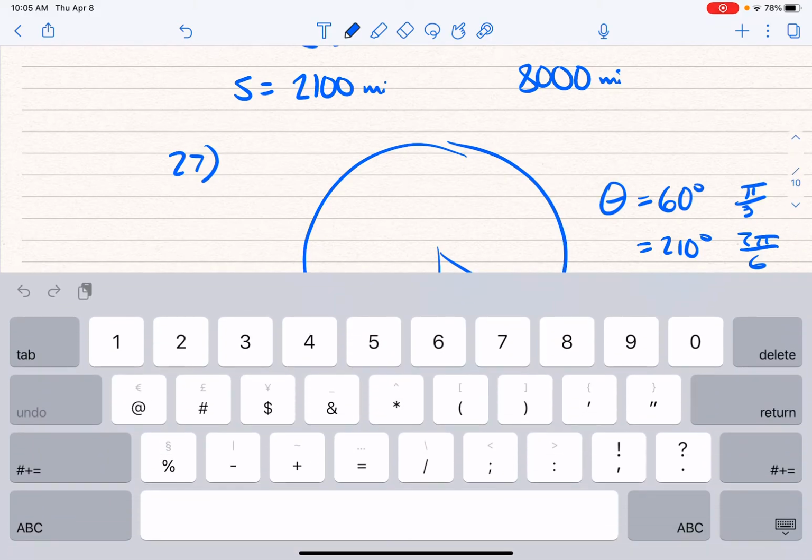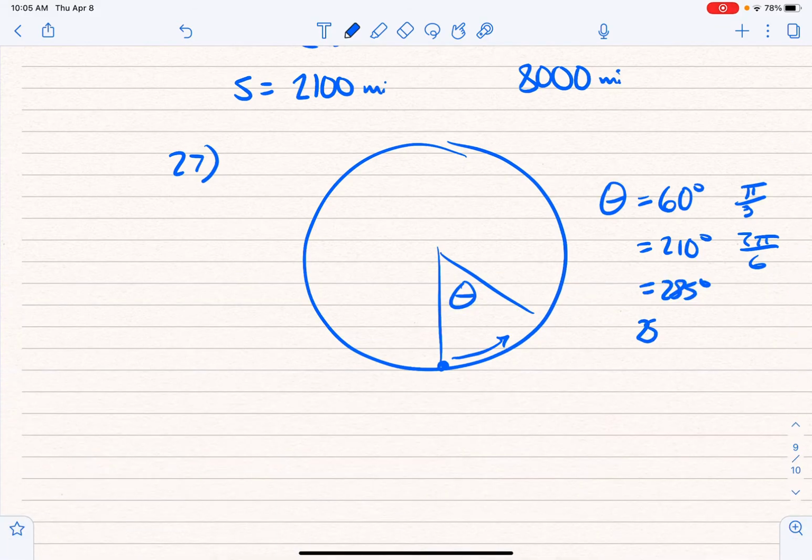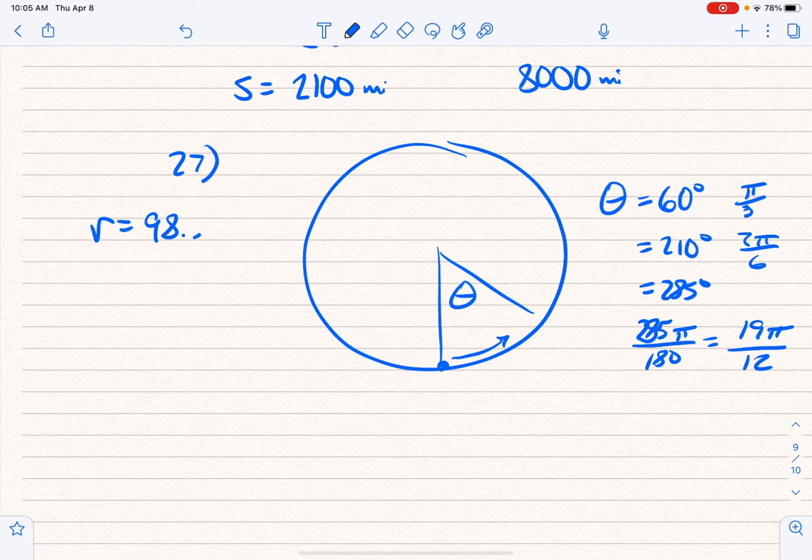And so that's going to be 285 pi over 180. Let's see, what goes into both of those? 15 goes into both of those. And so this is 19 pi over 12. Well, there you have it. Okay, now it says in this situation that the diameter of the wheel is about 197 feet, which would make the radius 98.5.